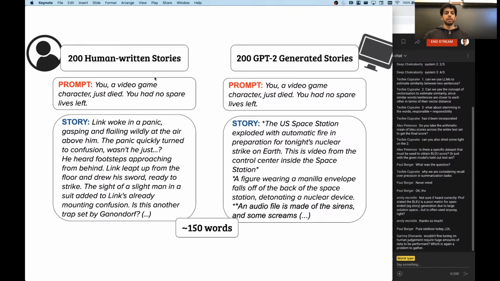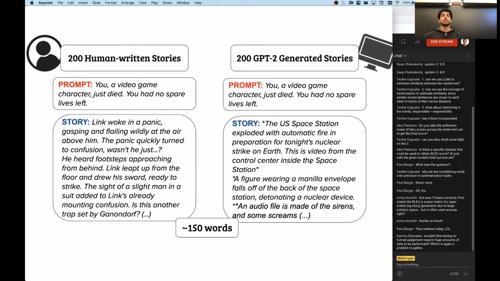So the evaluation methodology that people like to use is you have a prompt, you have the human written reference story, and you have a story that's generated by a language model. And now you want to compare these two stories together directly, based on the same prompt, and have a human rate which one is better. And you might want to have them rate which one is better on several different fine-grained attributes, like, is this story relevant to the prompt?